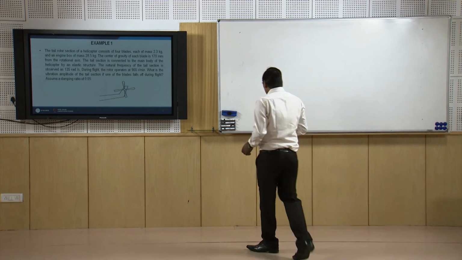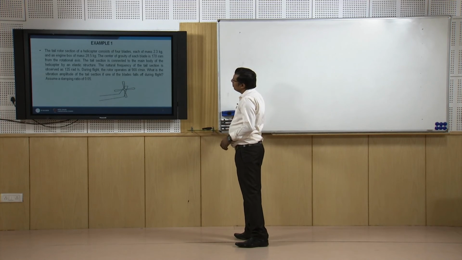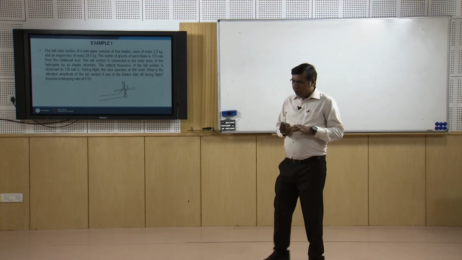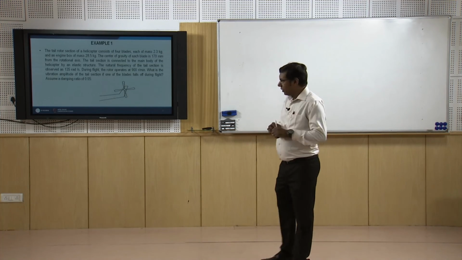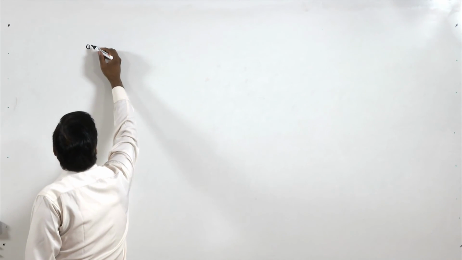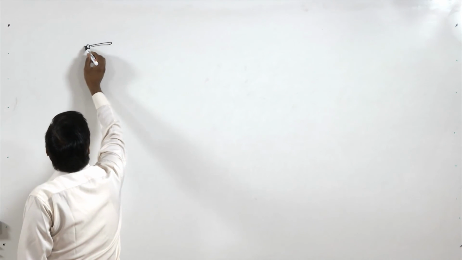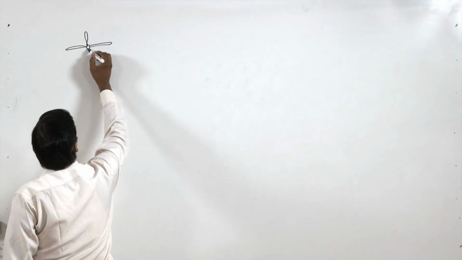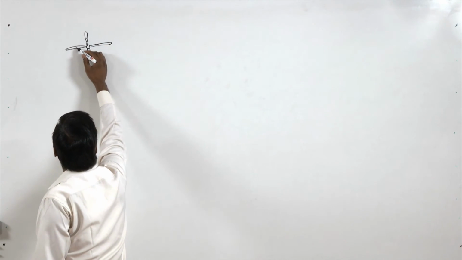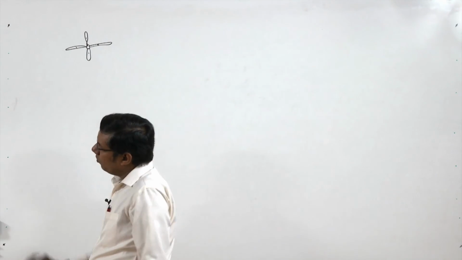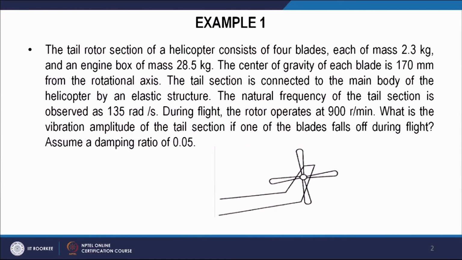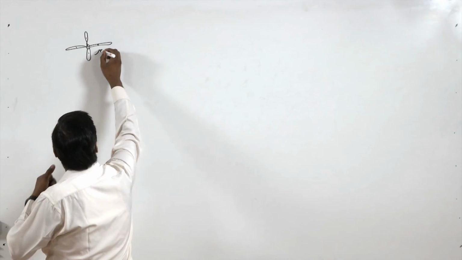Okay. So it is clear that there are four blades, and their center of mass is 170 mm from the rotational axis, and this is the axis of rotation, and they are rotating here.